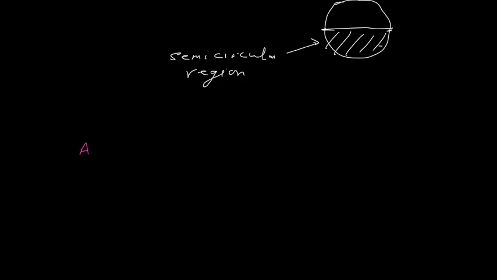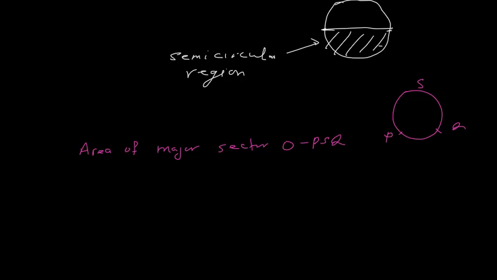For the major sector, now this is minor sector and area of major sector, I will write O, then I will take one more point on this major part, say S, and I will say that O PSQ. So this is area of minor sector, and this is area of major sector.